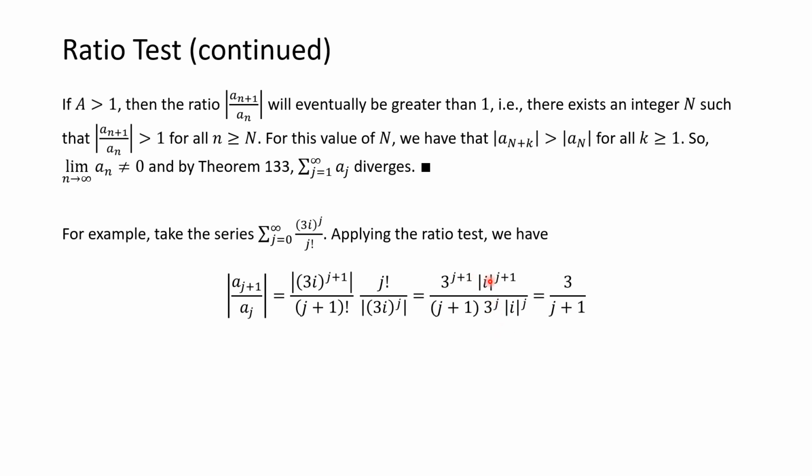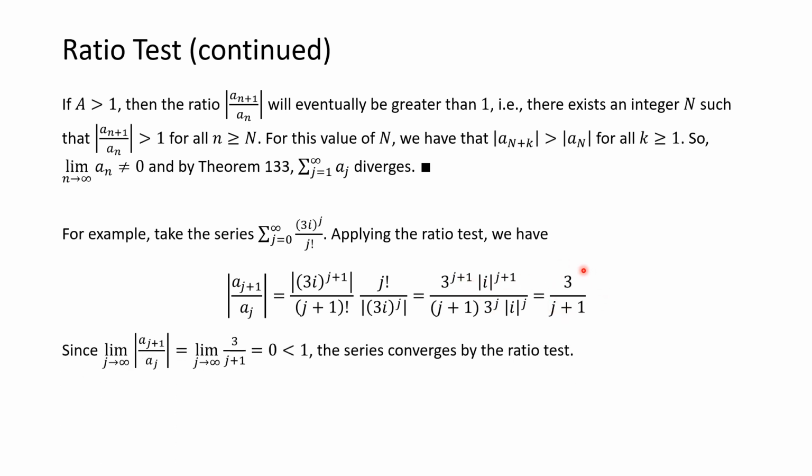The modulus of i to any power is just 1, so these go away, and then you have the 3 to the j divided into the 3 to the j plus 1. That leaves us with 3. We take our limit, plugging in the 3 over j plus 1, the limit as j goes to infinity of this is 0, which is less than 1. So for the ratio test, this series converges.